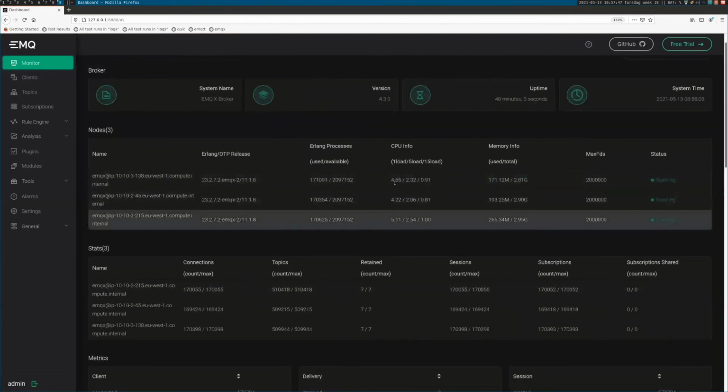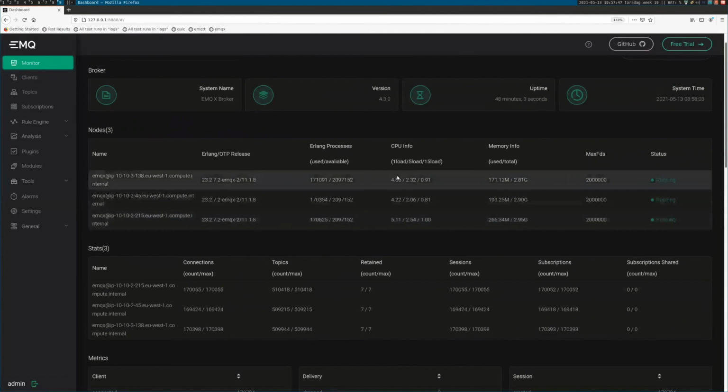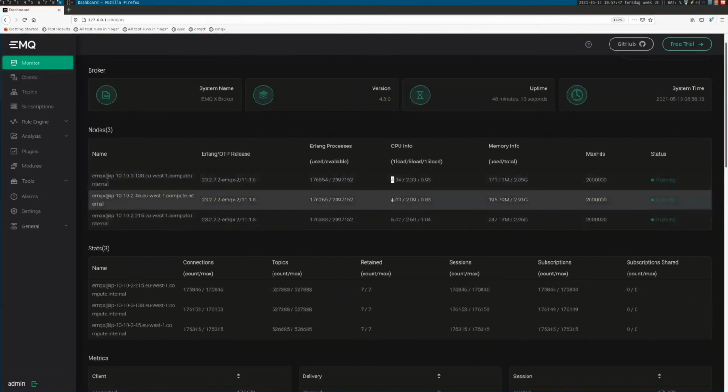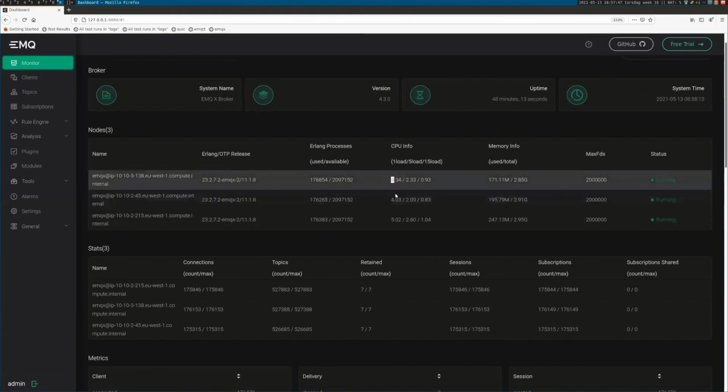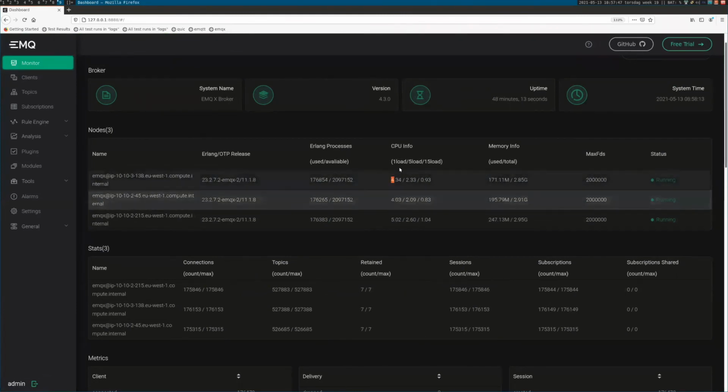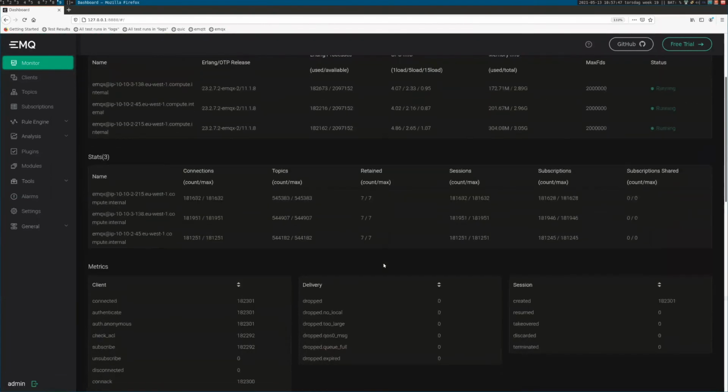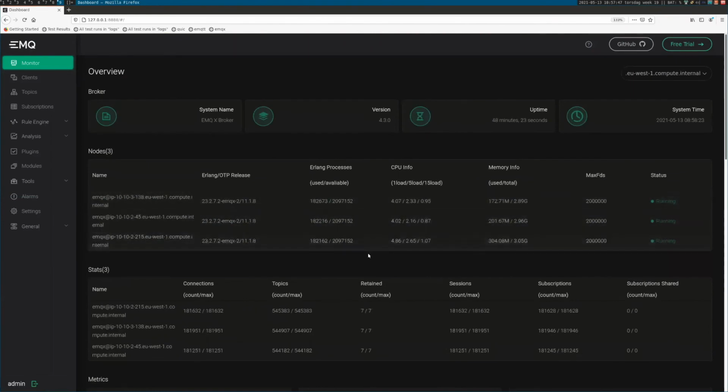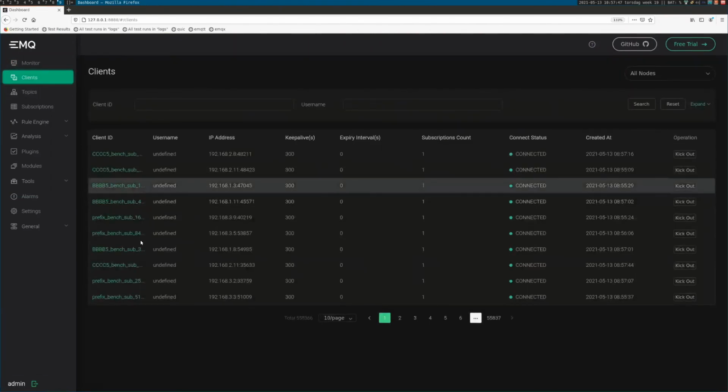CPU usage is low, I think. Each one has 8 cores, and it's around 50% CPU usage, evenly. That's nice. Is there anything you want to check?